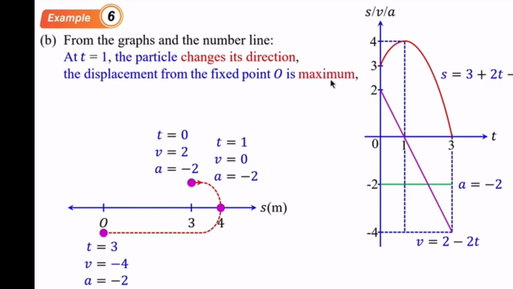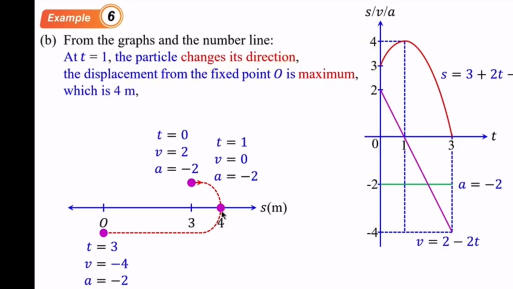It's the furthest from the fixed point. So we call it the maximum displacement, right? The maximum displacement always happens when the particle changes direction. So the maximum displacement is actually 4 meters, right?